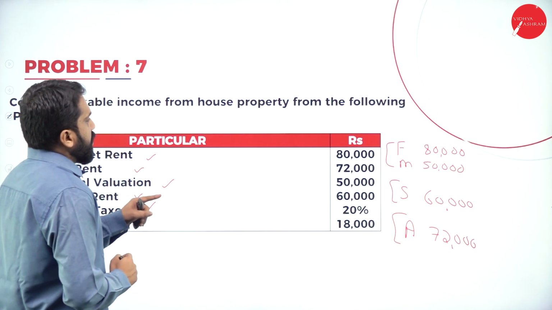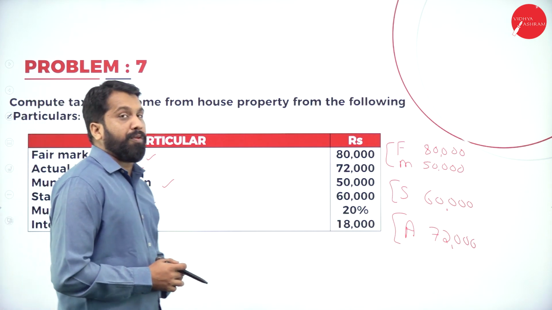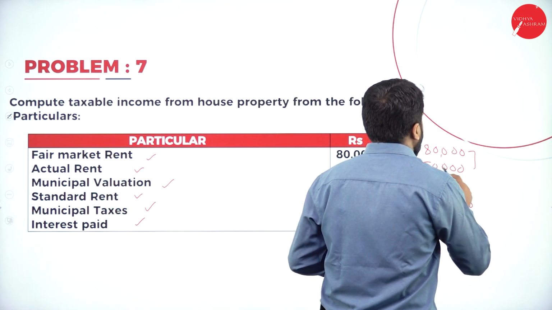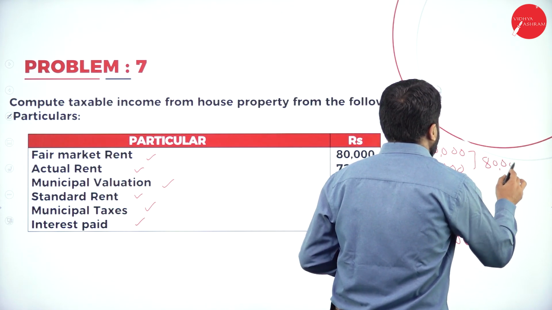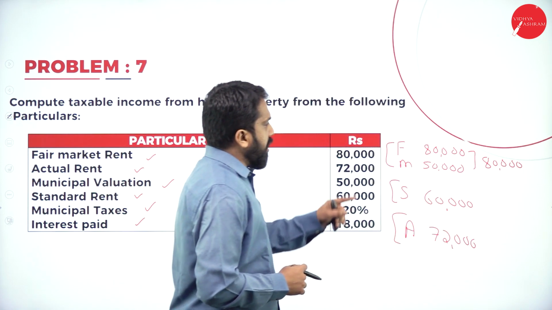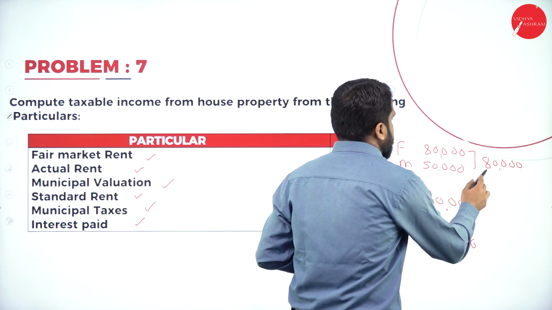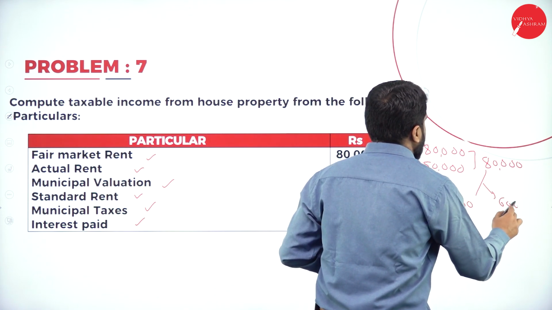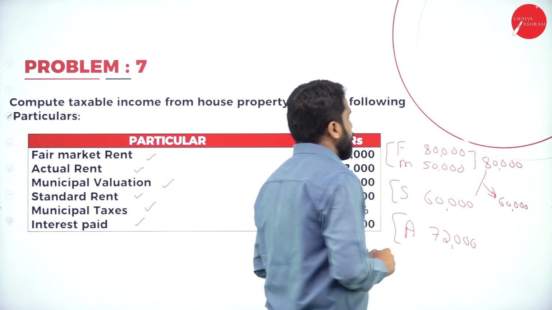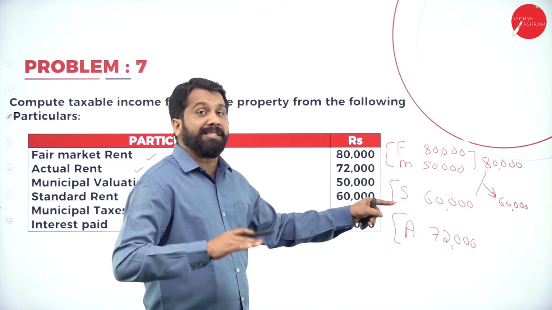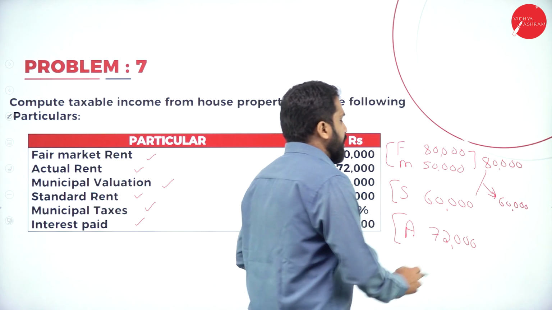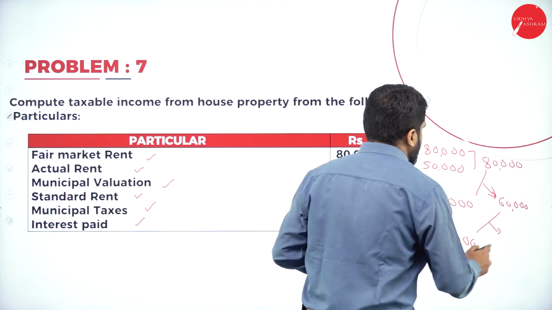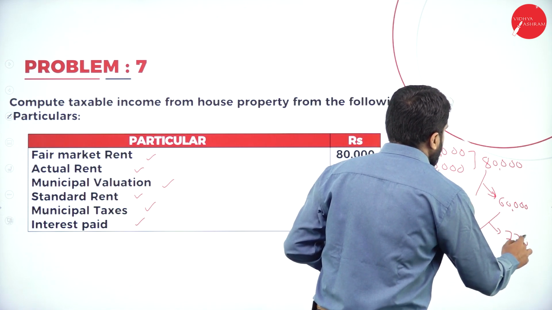Now in this, your fair value or municipal value, whichever is higher. Out of this, 80,000 is higher. Now your 80,000 or 60,000, whichever is less, 60,000 is less. Now your 60,000 or 72,000, whichever is higher, the higher value is 72,000.